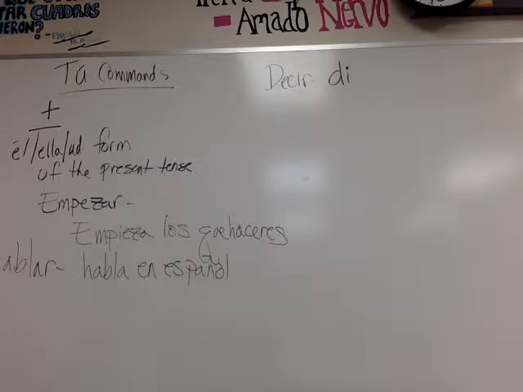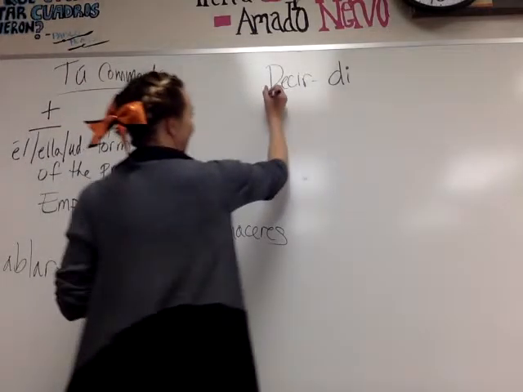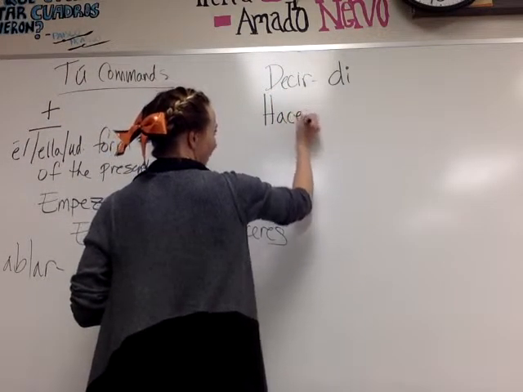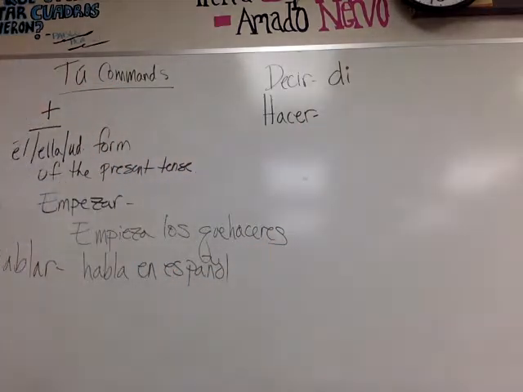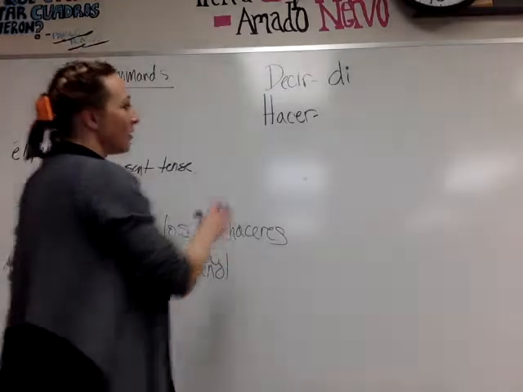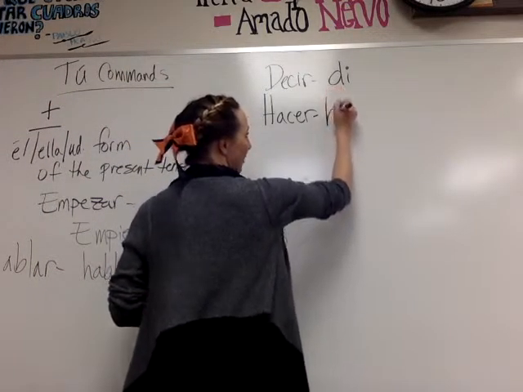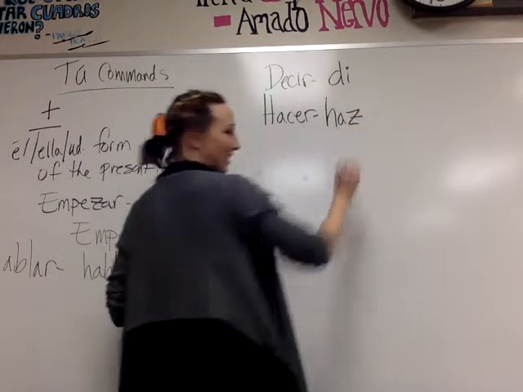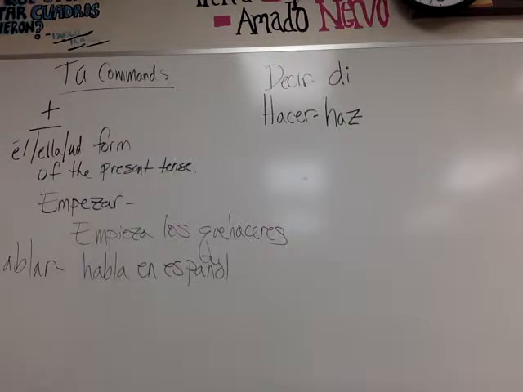And that's it. Of course, hacer is going to be irregular as well. Hacer, what does hacer mean? To do or to make. And the positive tú command for hacer is haz. Haz amigos. Make friends. Okay. So I would say to you, haz la cama. Haz la mesa, right? Set the table, make your bed.